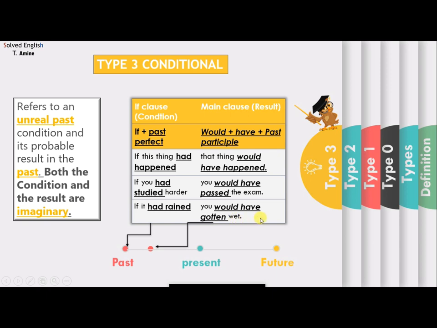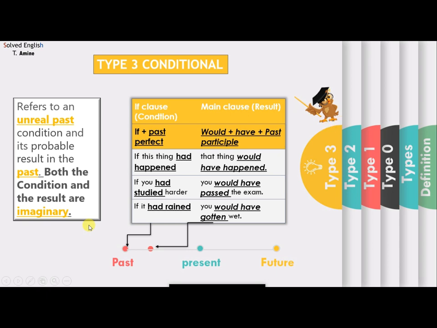What does this mean? That it didn't rain and you didn't get wet. But if we want to imagine a different situation in the past, we use the conditional type 3 and we say, if it had rained, you would have gotten wet. So the condition is in the past and the result is also in the past, and they are both imaginary.